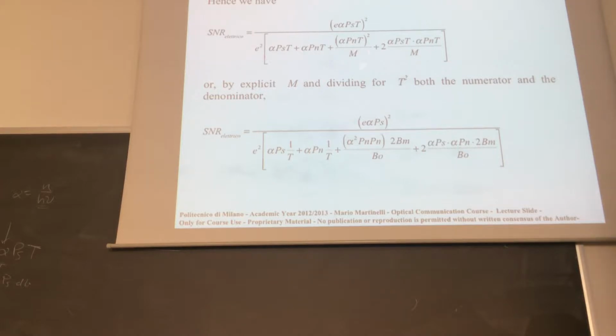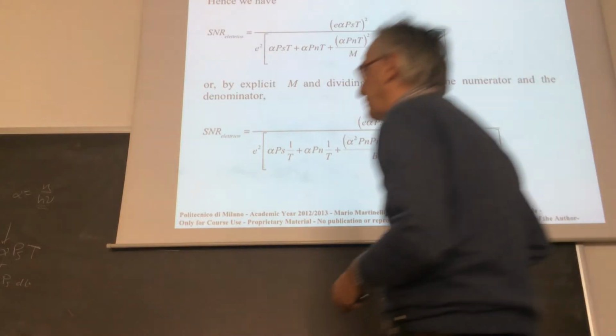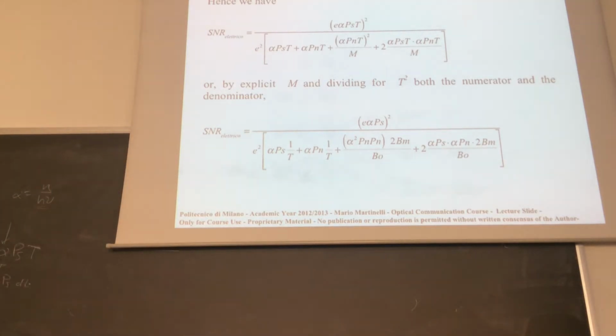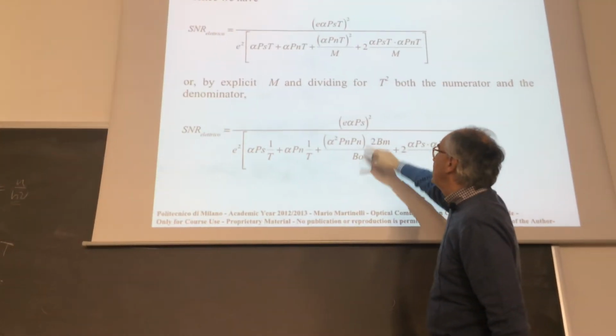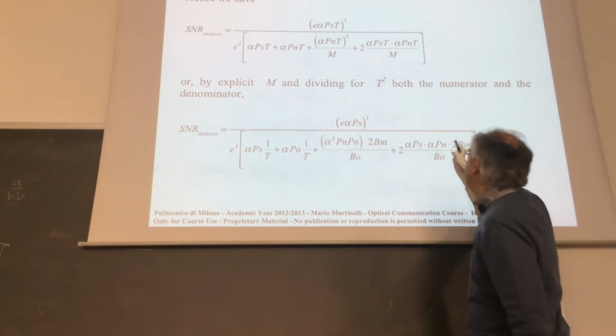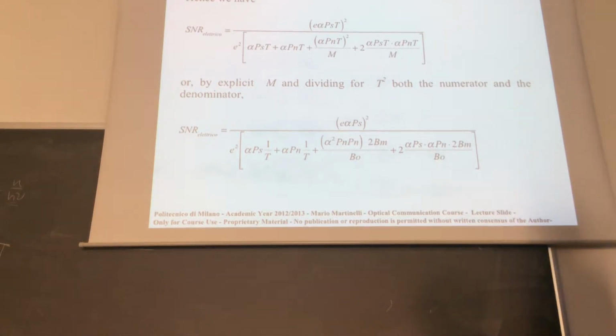But since M is by definition this optical bandwidth over this 2Bm signal bandwidth, M capital is Bo divided by 2Bm. Instead of M, I put Bo divided by 2Bm.